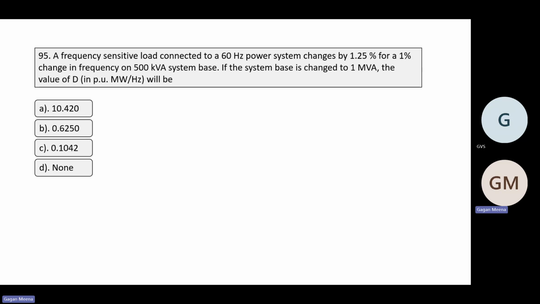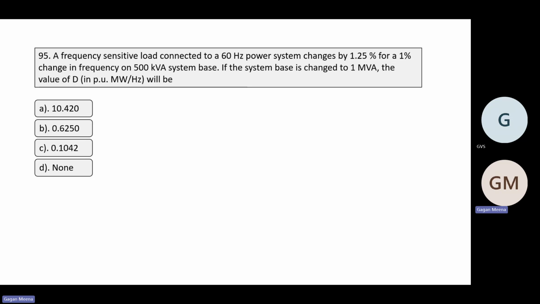This was another question. You have to find out D, where we are changing the base. The frequency sensitive load change D is given here at 60 Hertz and on 500 kVA base. Now if we change the base to 1 MVA, what will be the new D?